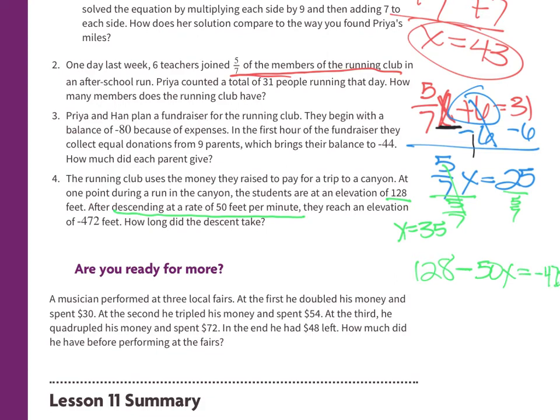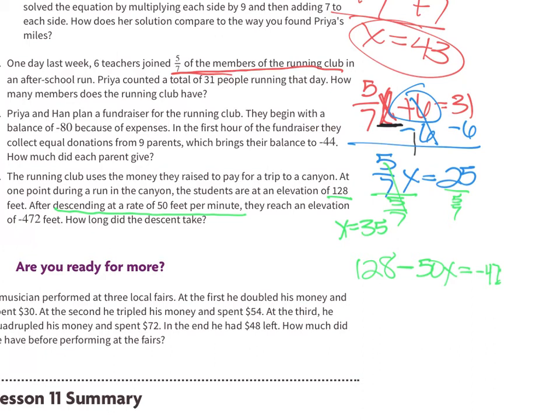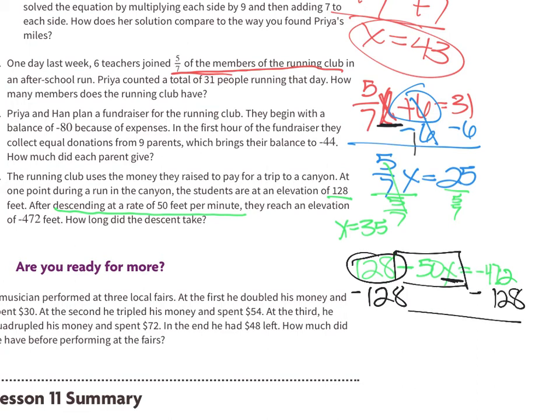So minus 50 times x, and that equals our ending point, negative 472. Okay, let's get that over. So here's my x. The number not with x that's on the same side is the 128. So to get rid of a positive 128, we're going to subtract 128. This minus right here goes with the 50. So we minus 128.